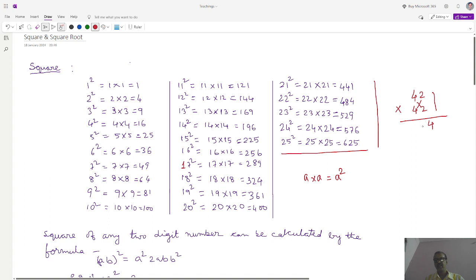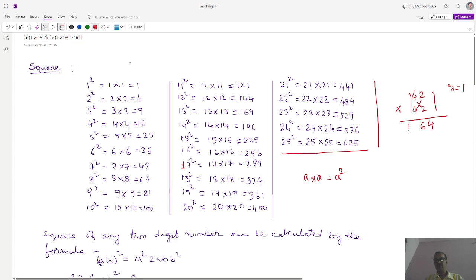So 4 into 2 is 8, 4 into 2 is 8, so 8 plus 8 is 16. Then the unit digit, 6, will be written here, and the remaining digit, 1, will be carried. Right? After that, you have to multiply these two digits. 4 into 4 equals 16. 16 plus 1, 17.